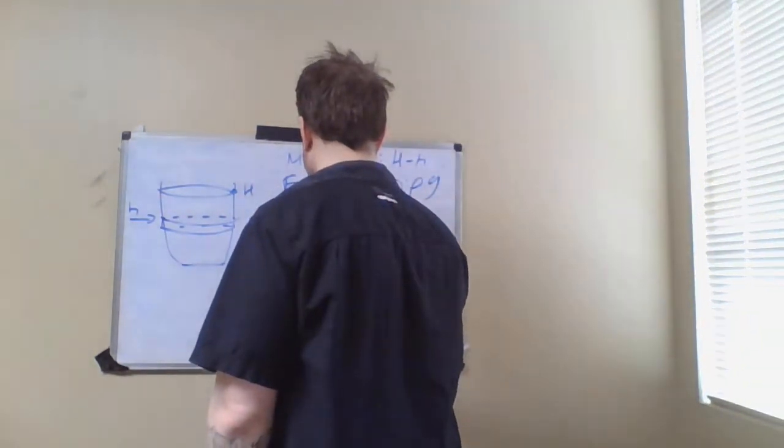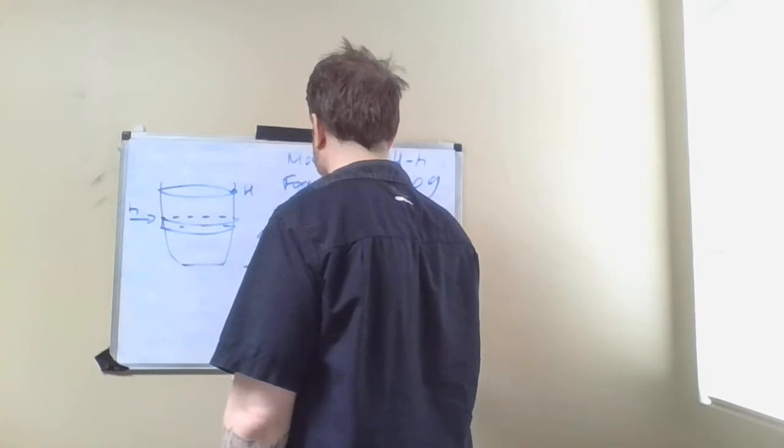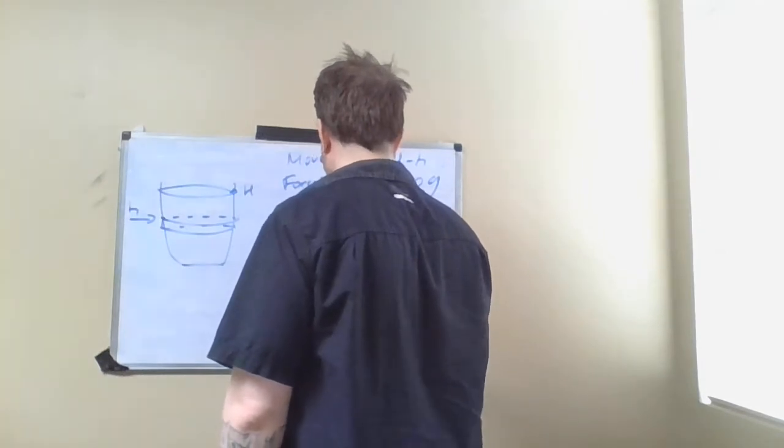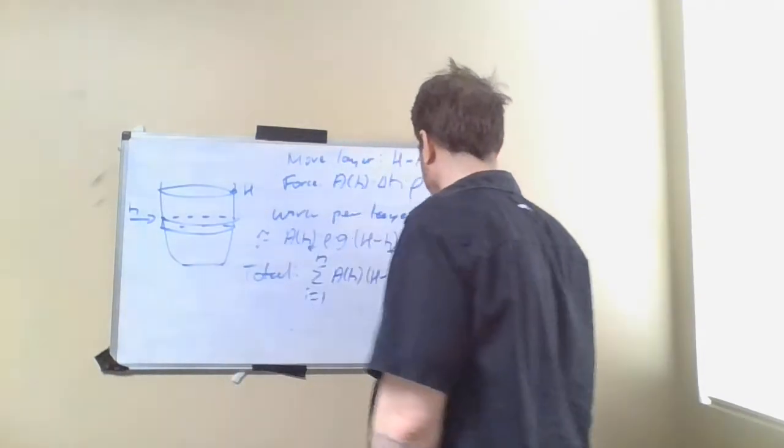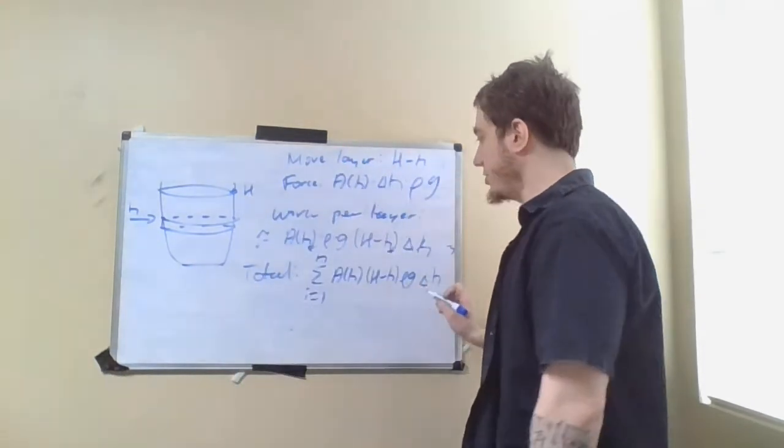The total of these approximations will be the sum from i equals 1 up to n of the area times H minus h, rho g, delta h.